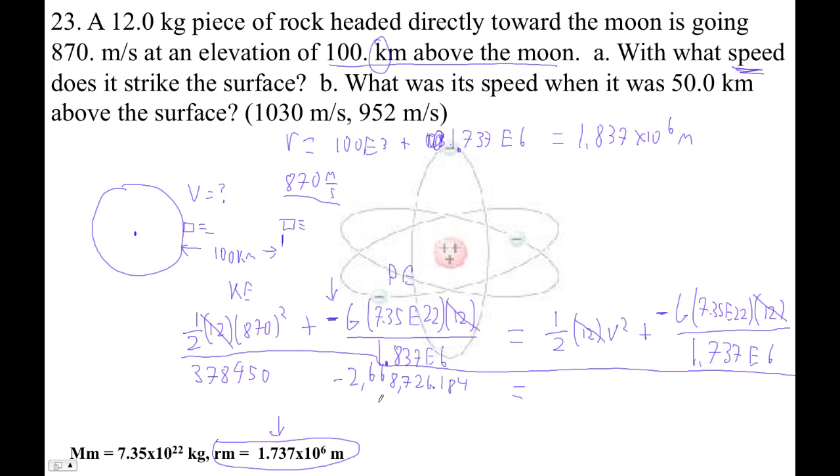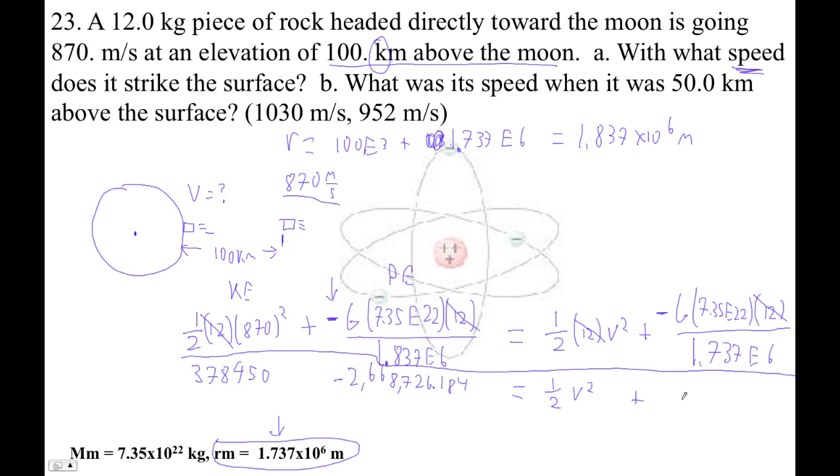Sorry about that, man. All right, here we go. So this is a positive energy. Remember, all gravitational potentials are negative. So it'll be 1/2 v squared, right? And then plus, and then let's figure out this term here. And I'm sufficiently lazy that I'm going to go up there and change that. So the opposite of 6.67 times 10 to the minus 11th times 7.35 E22 divided by, and then the only difference here is that it's 1.737 times 10 to the 6th.